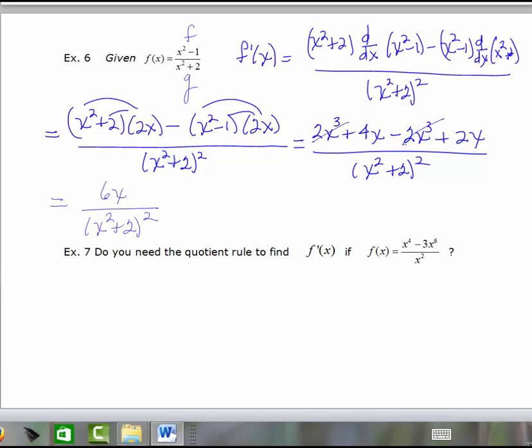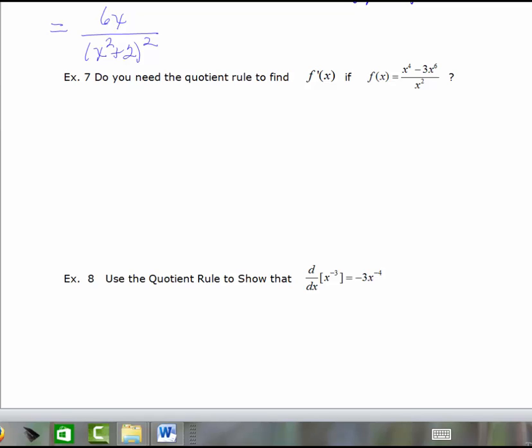Let's look at a scenario where we don't necessarily need the quotient rule. When you have a monomial in the denominator of a rational function, you are allowed to rewrite the quotient as two separate fractions.